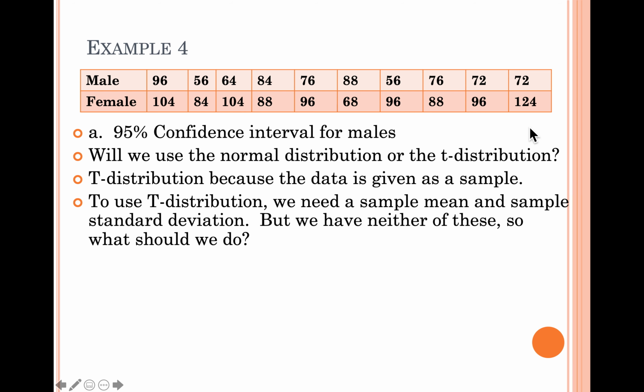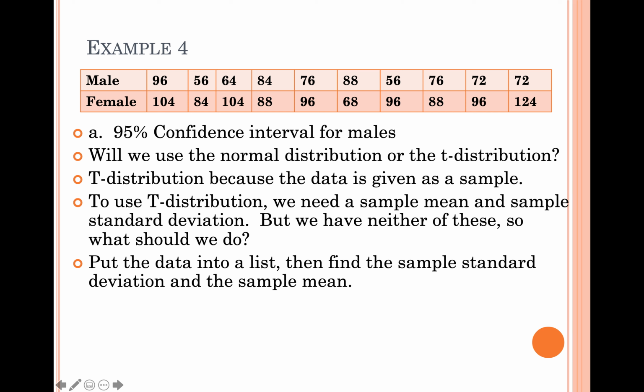To get the sample mean and the sample standard deviation, both of which need to go in the formula, you don't have that, so the ideal thing to do is to figure out what they are, and since you have the raw data, you're going to use your calculator to put these two sets of data into lists and calculate the mean and sample standard deviation.